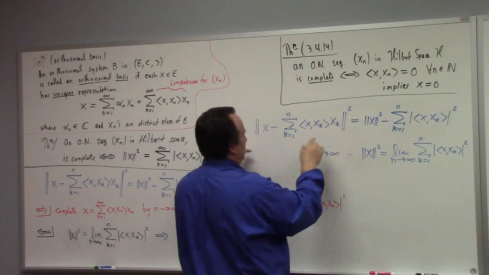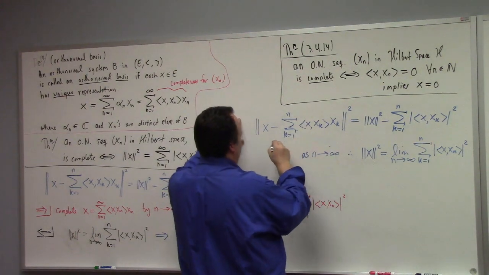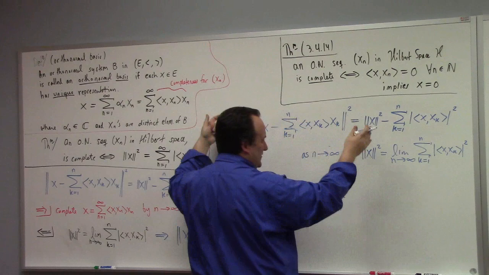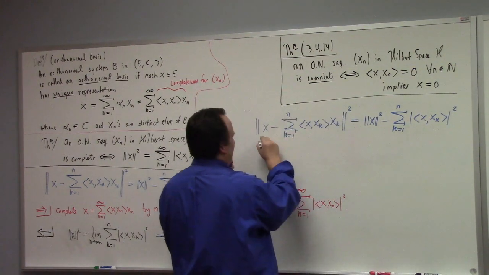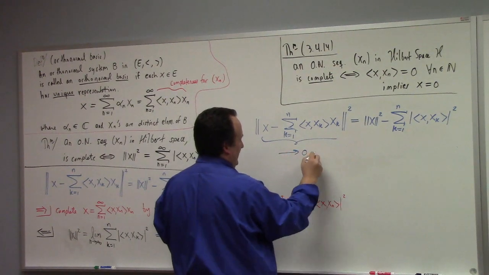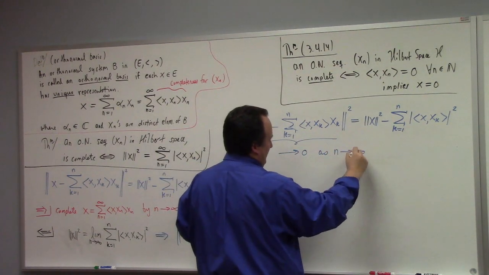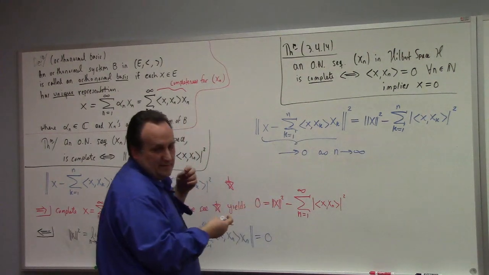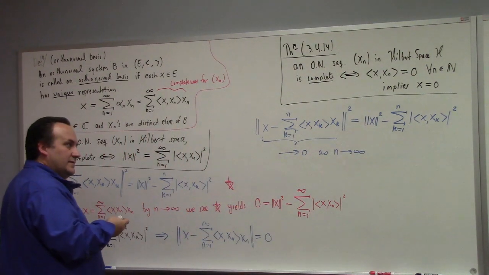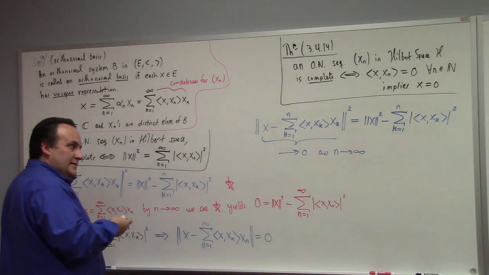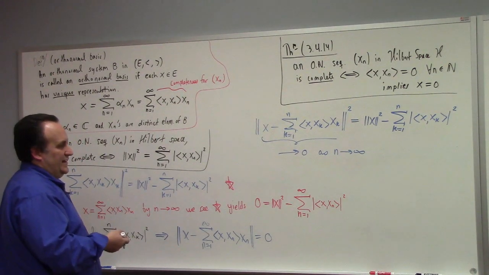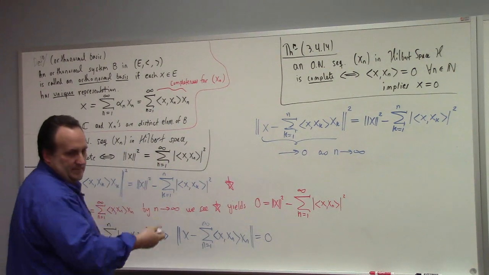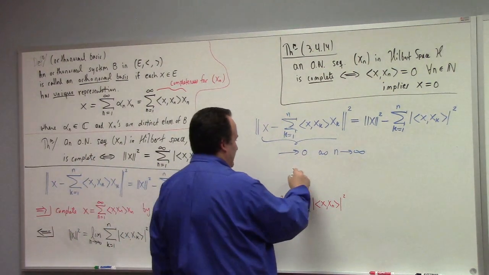But this going to 0 is tantamount to saying that if this norm squared goes to 0, then this goes to 0 as n goes to infinity. The square root of that norm goes to the square root of the whole thing, which is 0. So therefore x goes to the sum, which is complete. That implies that x is equal to that series.